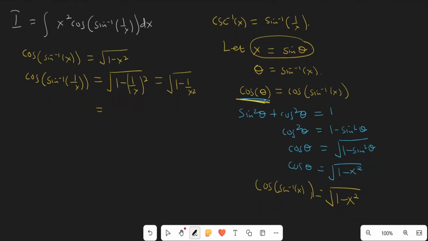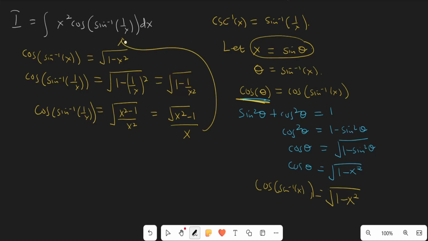So that is the square root of x squared minus 1, all over x squared, which is equal to the square root of x squared minus 1, all over x. So this is how the cosine of the sine inverse of 1 over x can be expressed in terms of x. We can just plug that into our integral and simplify.